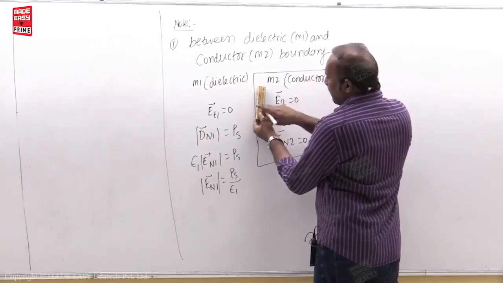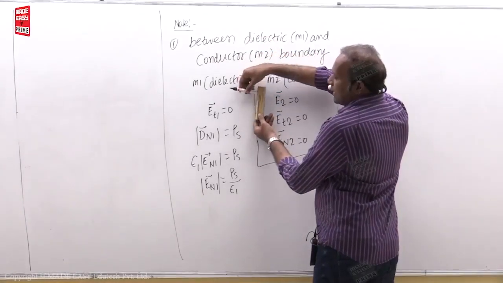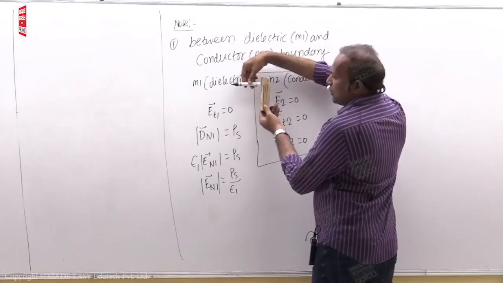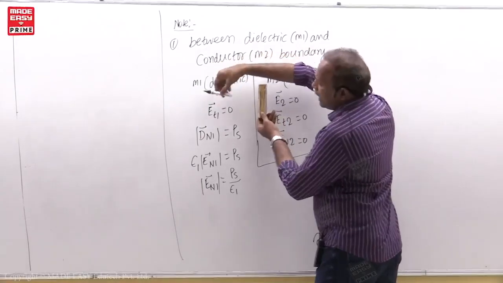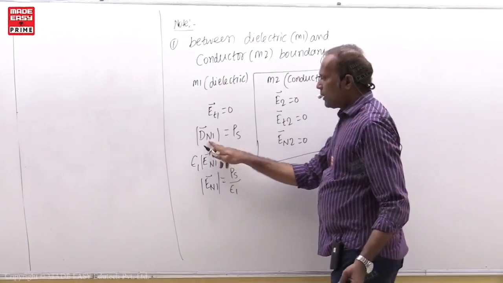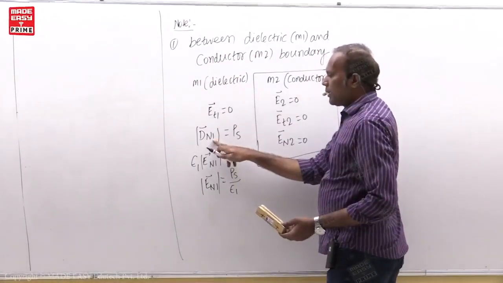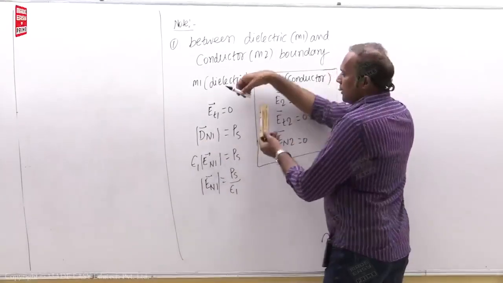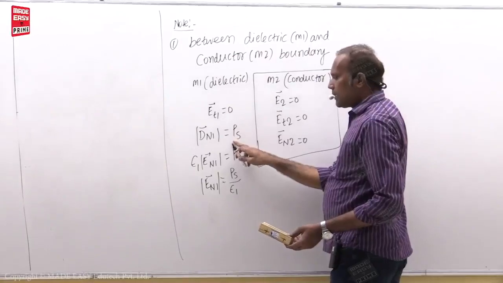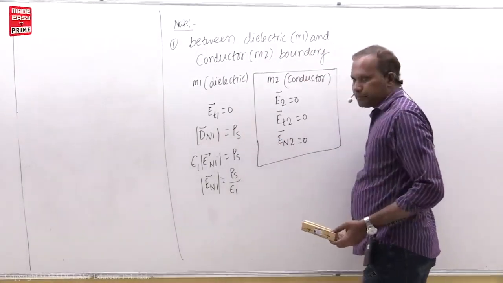Then we have studied that because of this rho s, electric flux lines, electric field intensity lines, electric flux density lines are normal to this surface and go away into medium 1. So normal to the surface means n you got, into medium 1 means suffix 1 you got. This normal component is generated from the rho s, that is why you got rho s here, and this is a scalar, that is why you got mod here.